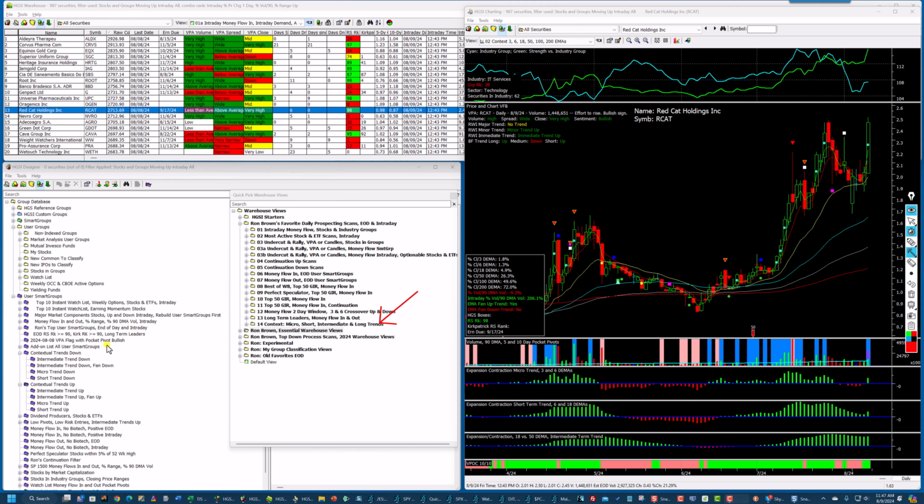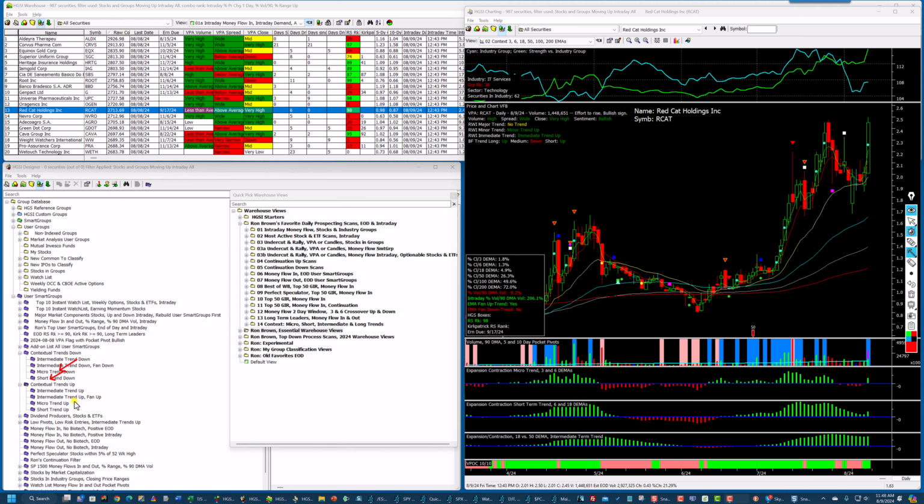When you download the designer stocks today, you're going to find these folders: contextual, trends down and up. Here's the intermediate, here's the intermediate with a fan down. These are micro trend down, short-term trend down.